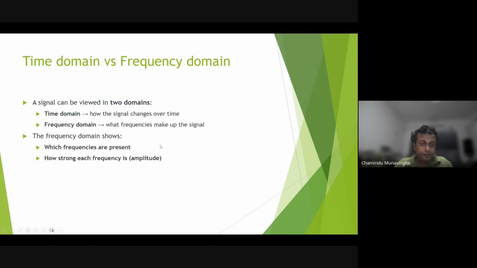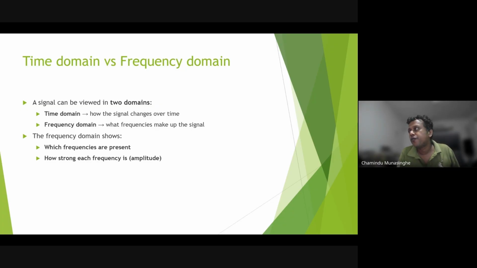And okay, as a natural progression of the discussion, we said that any complex waveform can be represented by a set of sine waves, right? Now, this gives us another way of representing a waveform.